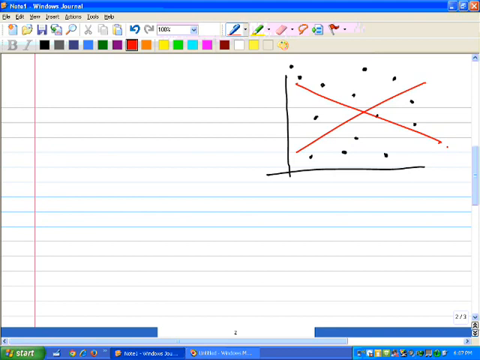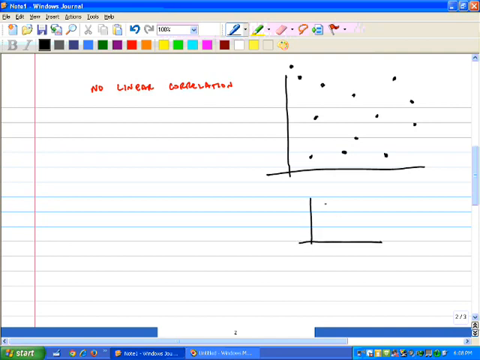Either one of those would be just about as good as the other. Essentially, this data set would have no linear correlation because there's no good line that even comes close to approximating that data on that scatter plot.